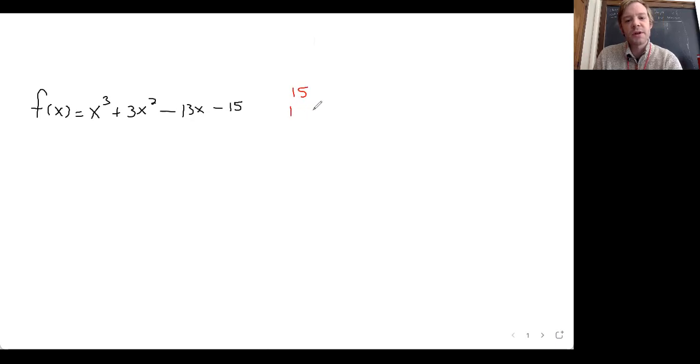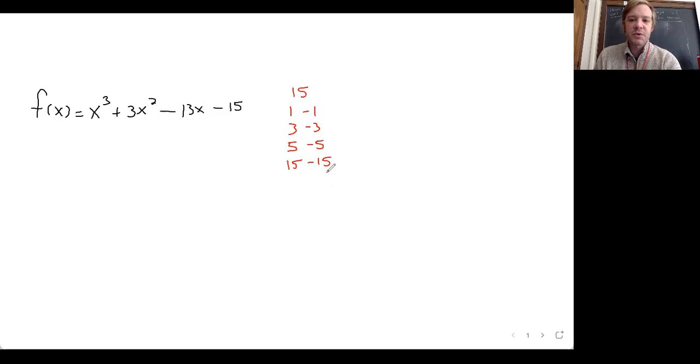So that's going to be 1, negative 1, 2 doesn't work, 3 and negative 3, 5, negative 5, and then 15, negative 15.